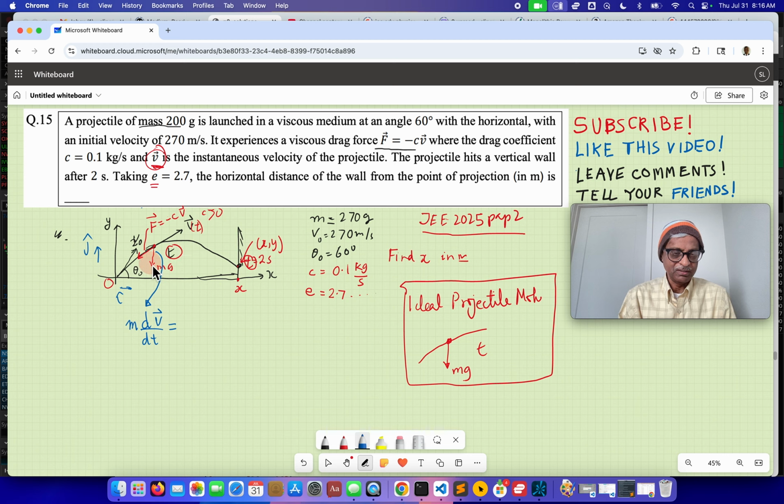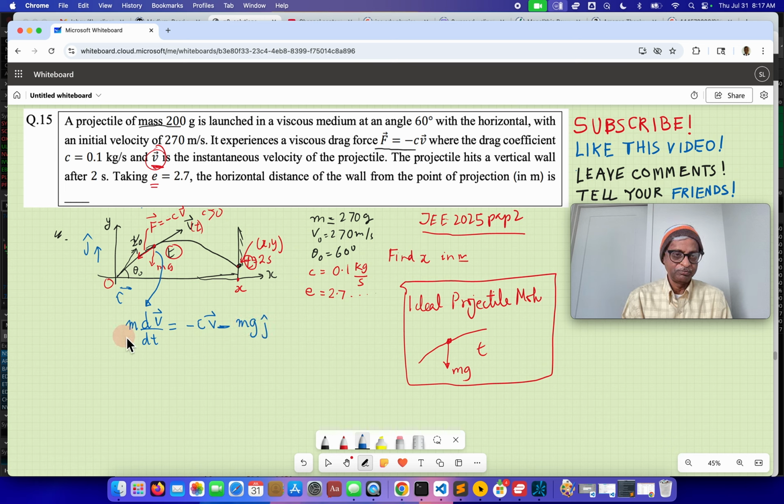If you look at here, at this instant, mass times acceleration is equal to minus c v vector, which I'll leave as is, we're going to break it up into its components in a minute, and minus mg j hat.